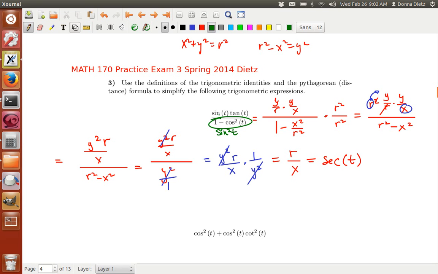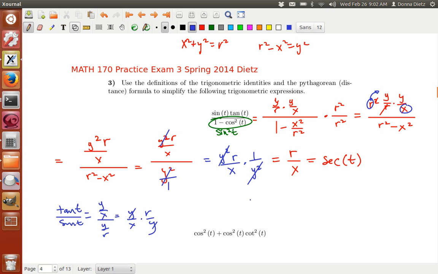And then one set of sines cancels. In that case, you've reduced the amount of work, and then you're just going to have tangent of t over sine of t, and then you can just go ahead and say tan is y over x, sine is y over r, and then you're going to end up with the same relationship again, y over x times r over y. You're still going to have to flip and multiply.